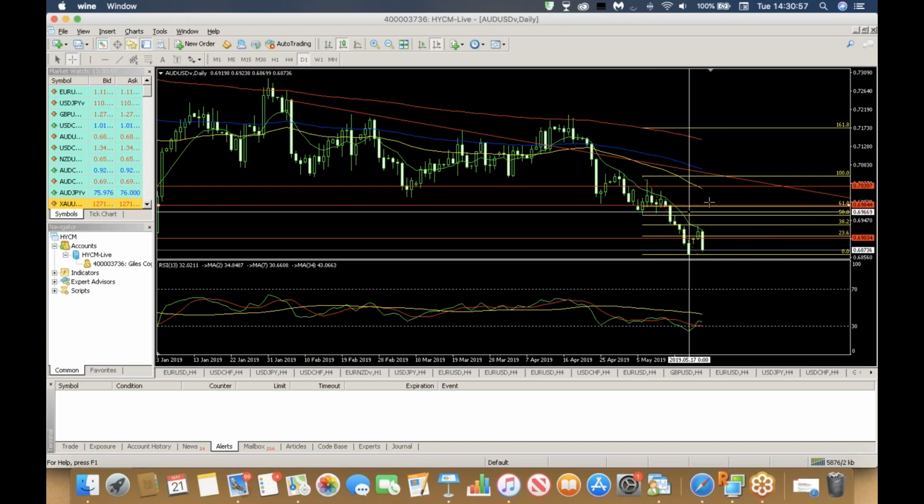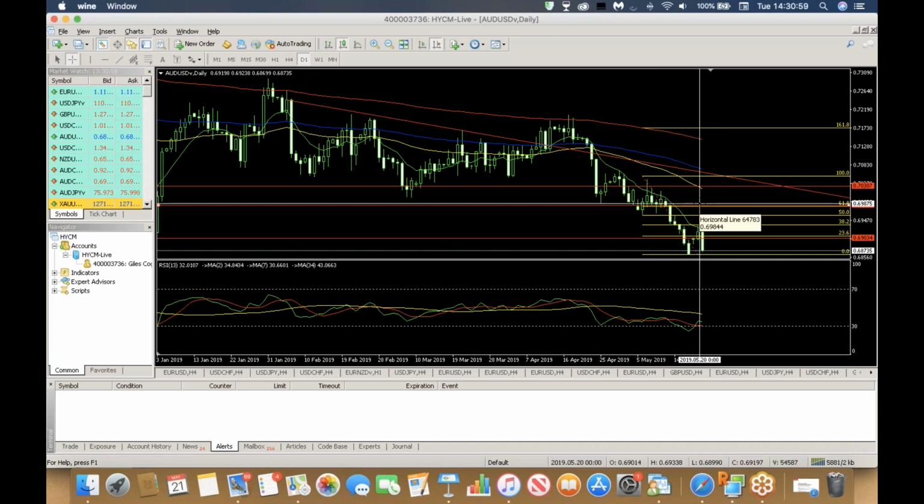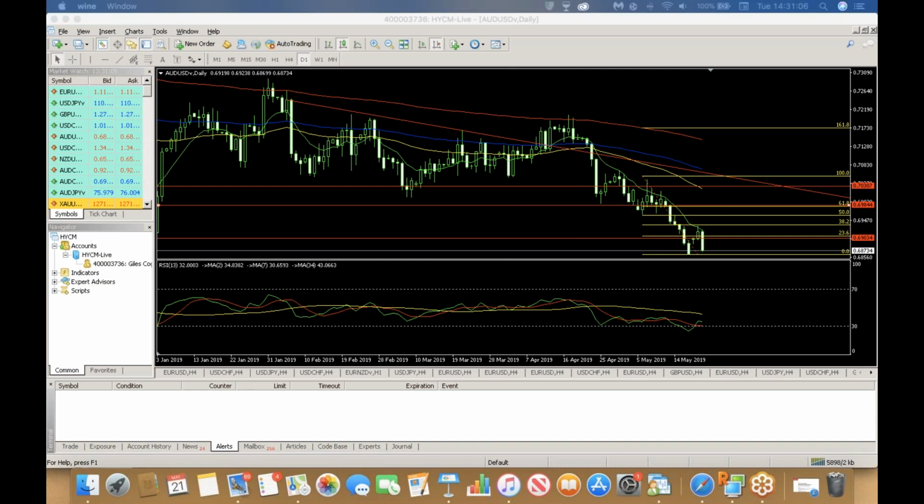We've got the 61.8% Fibonacci retracement level. We have the support level. So all of that comes round at that really key level of 0.700, and just underneath it, 0.6950, you actually have a daily support level, support 1 level.